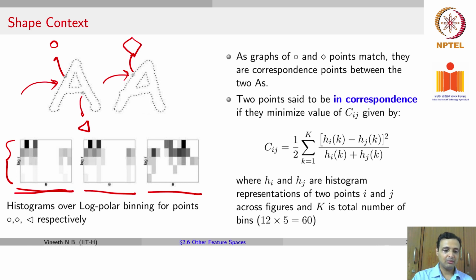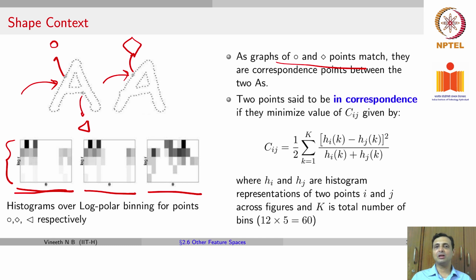You can see here that the circle and the rhombus have very similar representations. So one could consider these 2 points as correspondence points between these 2 images. And when do we say 2 points are in correspondence?